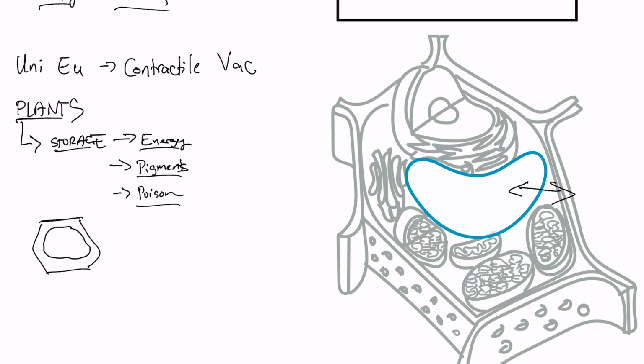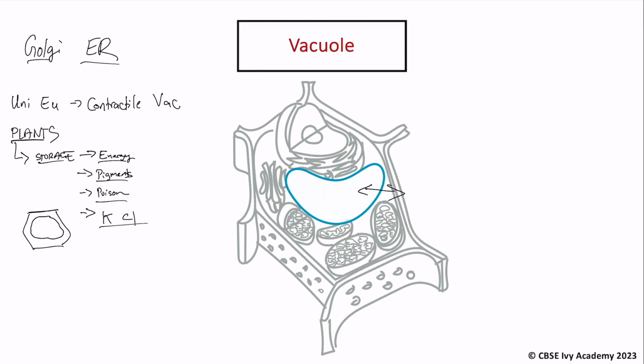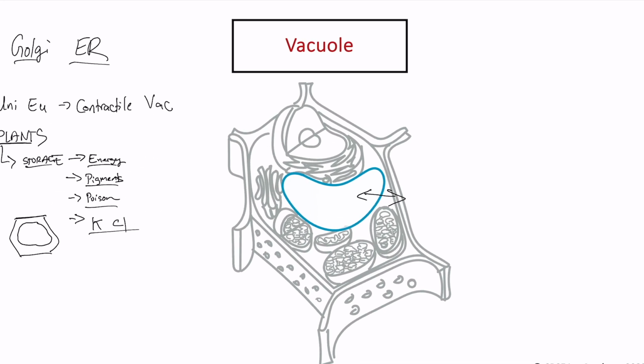This large central vacuole in plant cells can also, one last thing, store the plant cell's potassium and chloride. The contents of a plant's vacuole is often called sap. Okay, so that is the vacuole. Go ahead and clear the ink.